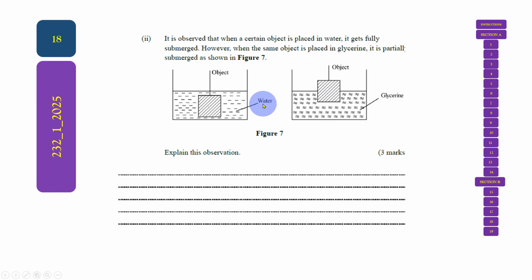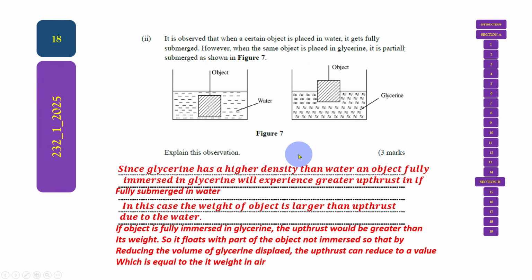But we know each one of them experiences an upward force according to Archimedes' principle. When an object is wholly immersed or partially immersed, it must experience an upward force on it. So there is upthrust on the object due to the water. There is upthrust on the object due to glycerin.